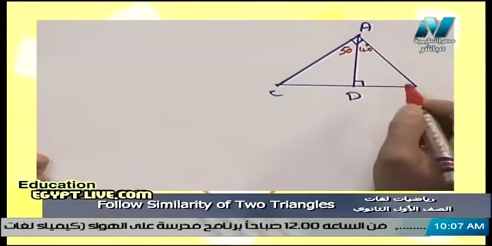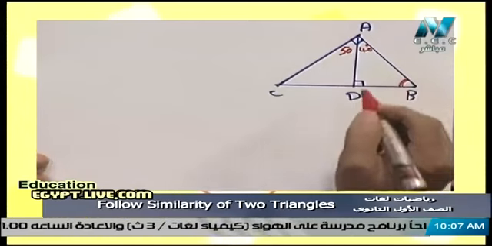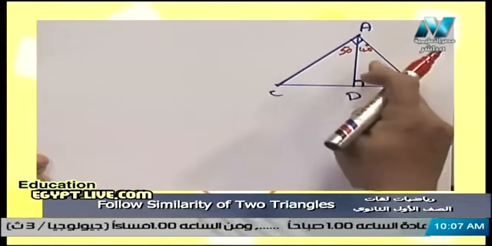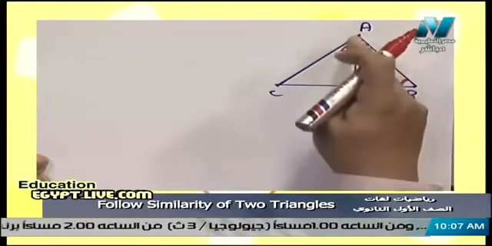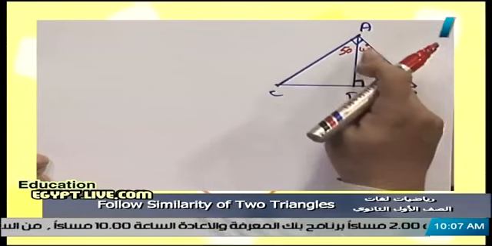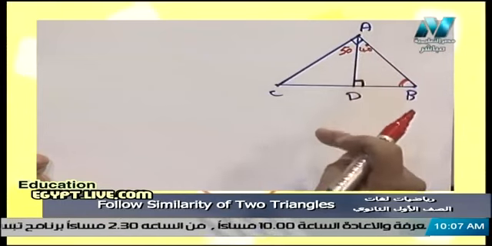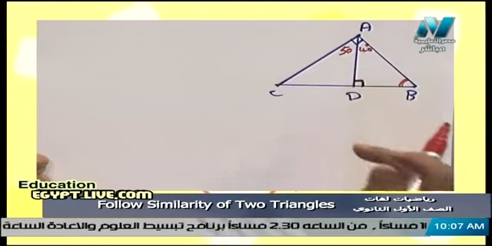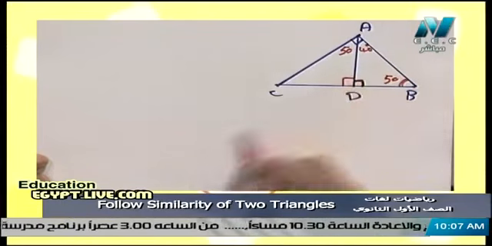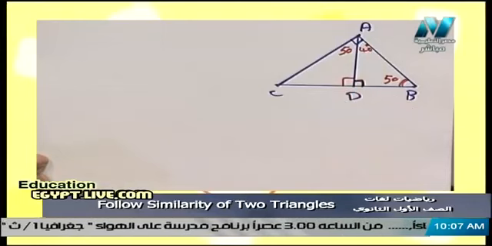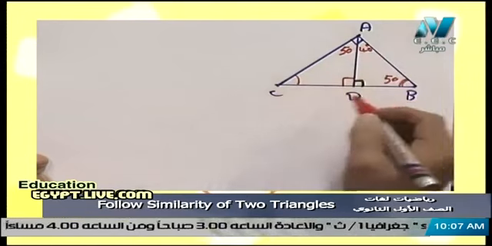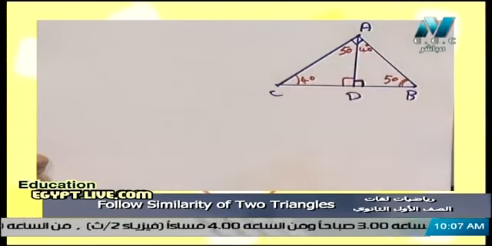Okay, what about measure angle B? We know that here is 90, and we know that the measures of the interior angles of a triangle equal 180. So 180 minus (40 plus 90) will be 50 also. And also we know that measure angle ADC is 90, so we can easily deduce that measure angle ACD is 40.